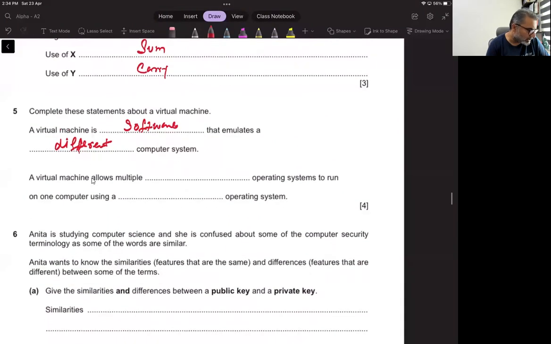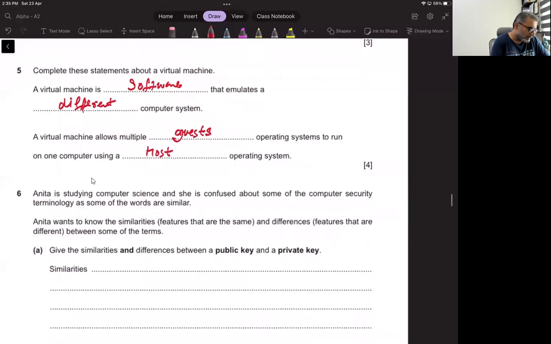A virtual machine allows multiple dash operating system to run on one computer using a dash operating system. Multiple guest operating systems to run on a single host operating system. Okay.